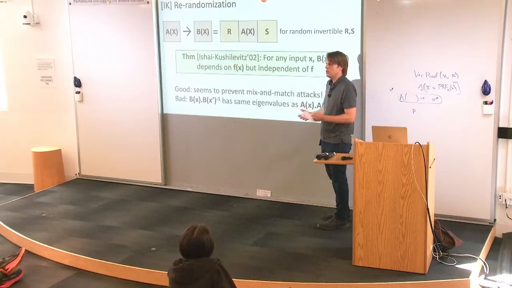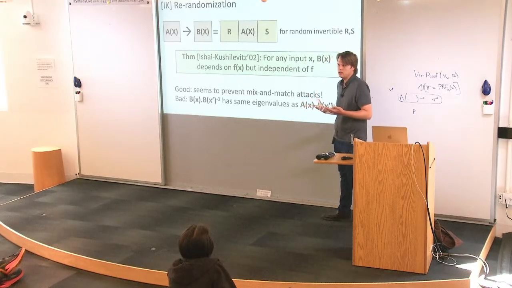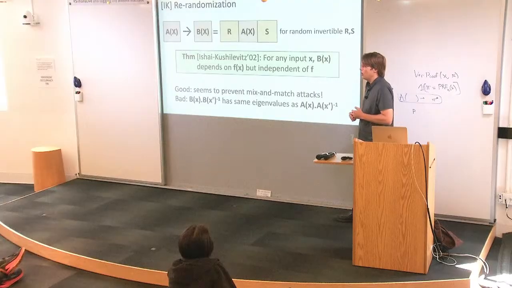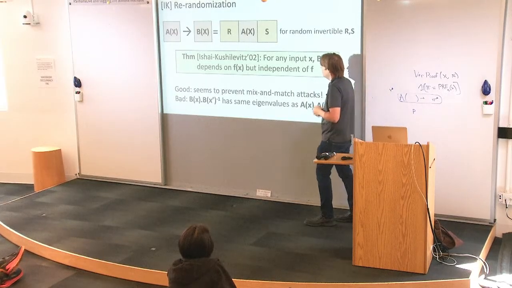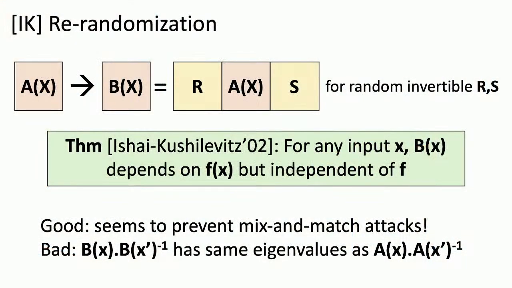First thing is that we can do some analog of the Kilian re-randomization that we had previously for branching programs. It's easiest to see in this view of a matrix of affine functions. Suppose I have a matrix of affine functions A of x. I can just choose random matrices R and S and multiply on the left and right.